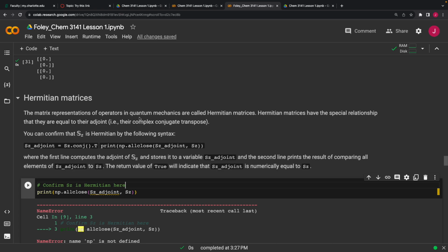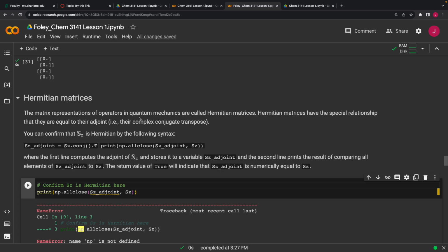Row 1 is going to become column 1 of my new matrix. Row 2 is going to become column 2 of my new matrix. So that's the transpose.